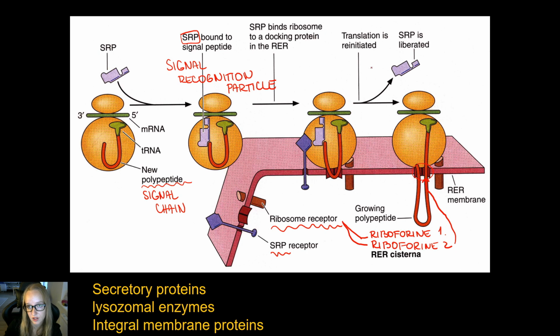And after that, when the new polypeptide chain is made, this signal recognition particle is liberated, and now it can flow around normally.